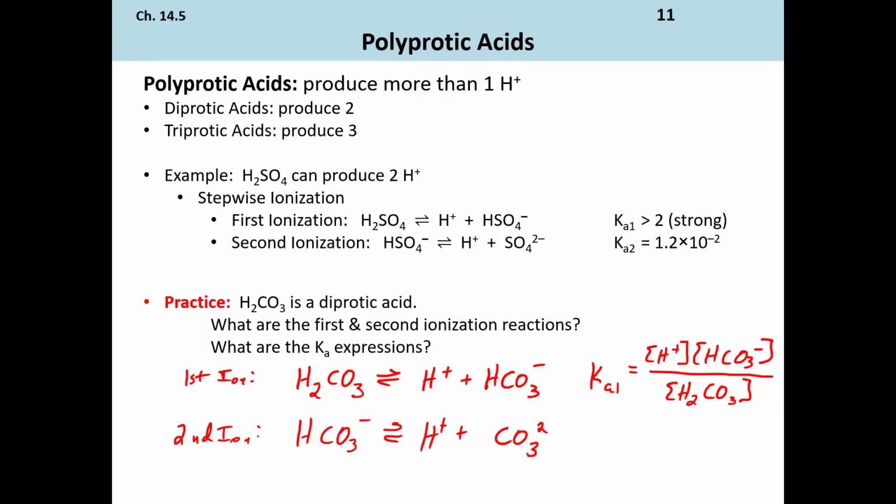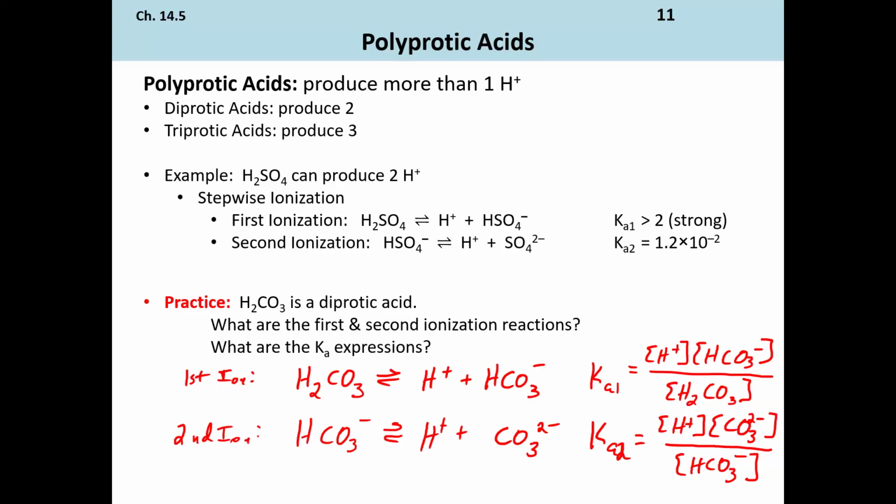All right. I told you that this was diprotic, but could this compound, H2CO3, be triprotic? No, why not? You can't sue me and take away 2 cars because I only own 1 car, right?